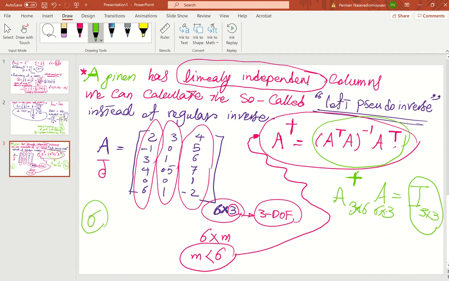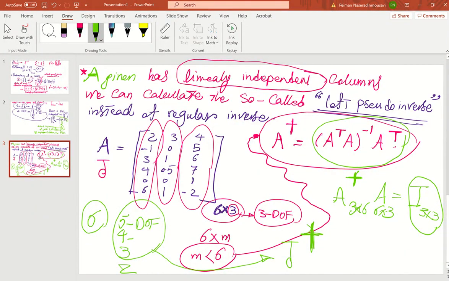But if the number of joints is less than 6, like a 5 degree of freedom robot, a 4 degree of freedom robot, a 3 degree of freedom robot, or a 2 degree of freedom robot, obviously your Jacobian matrix is non-square, and if the columns are linearly independent, you can calculate a pseudo inverse of this Jacobian. On the other hand, let me go to the next page.